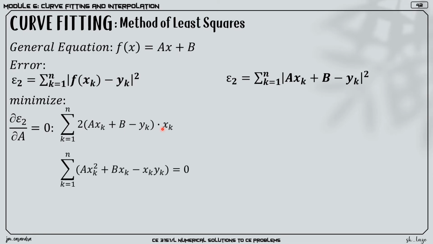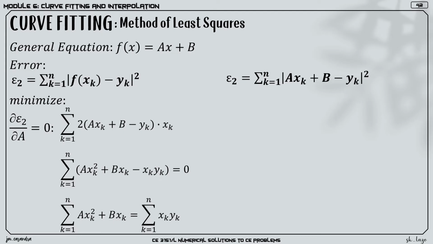Simplifying, we arrive at the sum of the quantity a x squared plus b x minus x y equal to 0. Further simplifying, the sum of a x squared plus b x is equal to the sum of x times y.